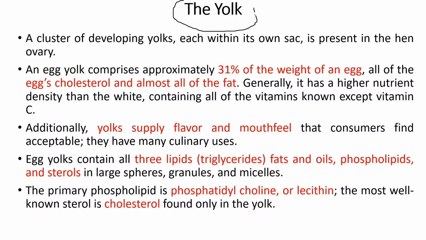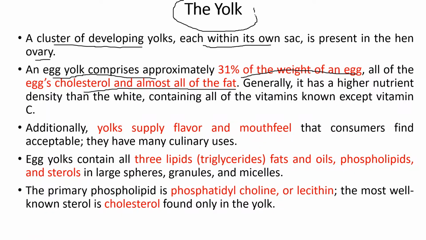This is the yellow part that is present inside the egg. It's a cluster of developing yolks, each within its own sac, and it is present in the egg's ovary. Egg yolk comprises approximately 31% of the total weight of an egg, and all of the egg's cholesterol and almost all of the fat.